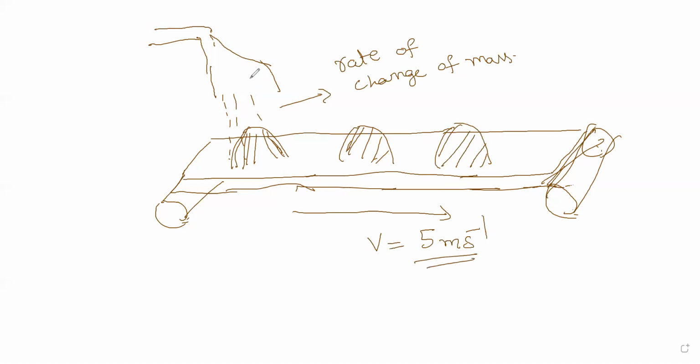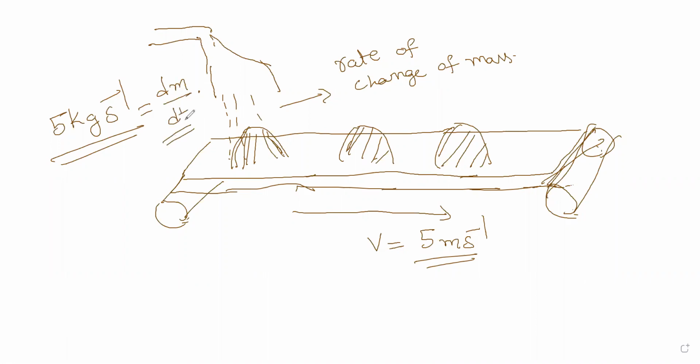Now, the mass is falling at a rate of 5 kg per second. So for each 1 second, there will be 5 kg of mass falling on this conveyor belt. I hope you are getting this. If you are not getting it, please let me know. Yes, that is my dm by dt.